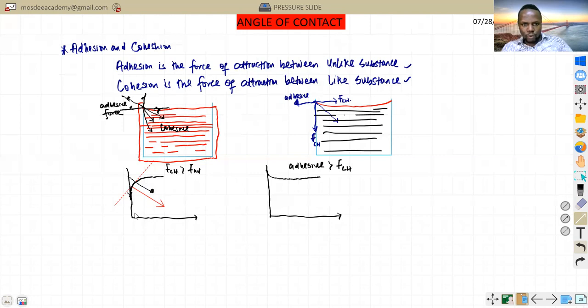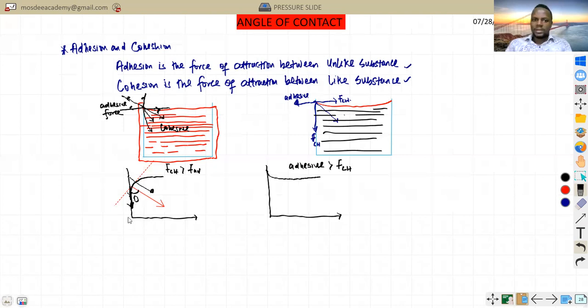We are now saying the angle between the tangent line and the vertical, you can say, the vertical cohesive force, the angle that it makes is now called the angle of contact. You can see here, this is it. This is the second one that is coming down, and this is the angle between here and here.